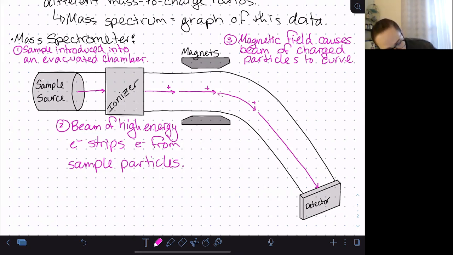So some of our particles will be deflected more. Some of them will be deflected less, that they don't curve as much. So they end up farther over here.